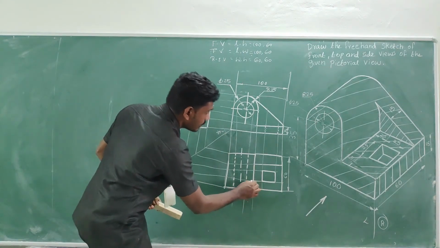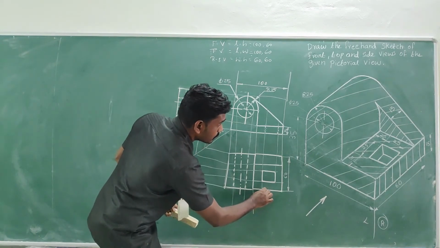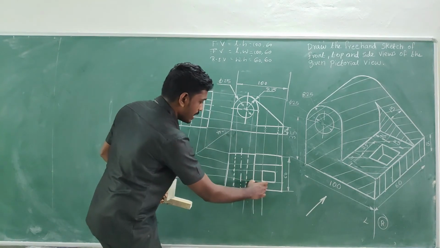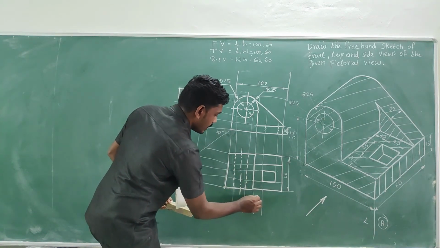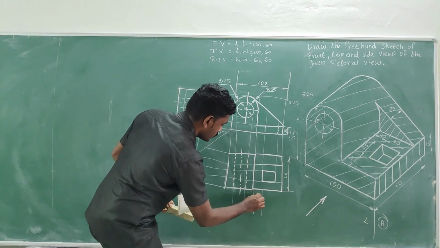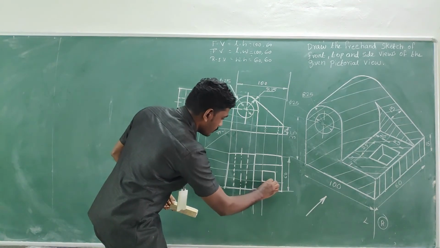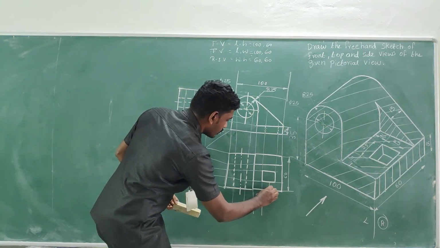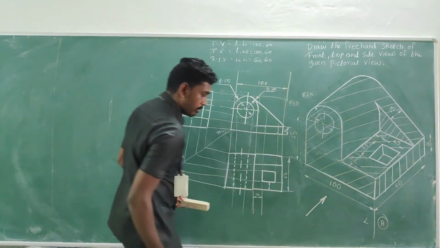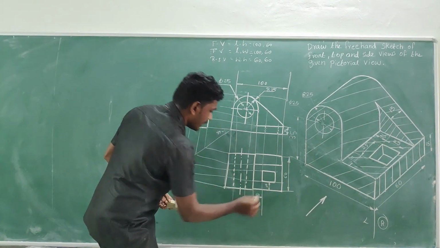The square hole is from this cylindrical object 40 mm, sorry, which is 20 mm ahead. So just take a projector line from this end and from this end and go for marking 20, and then this is from this bottom, at a distance of 10 mm. So we can write 10 above this line.